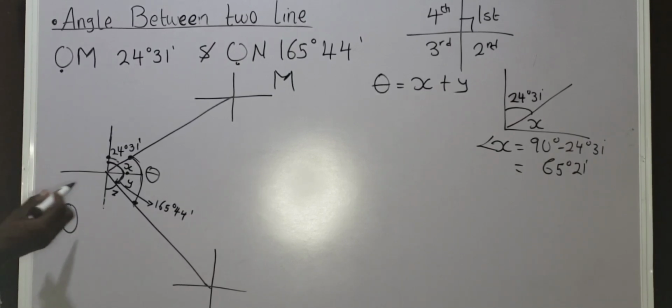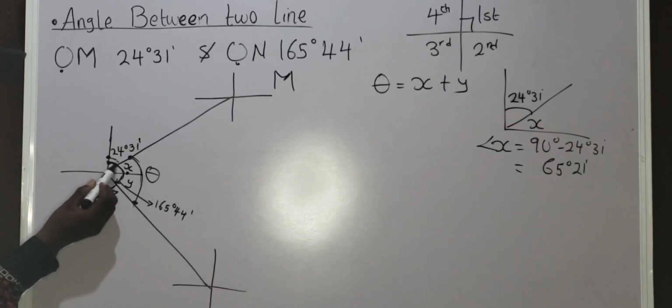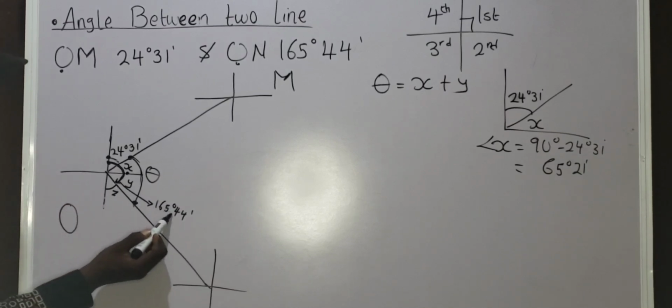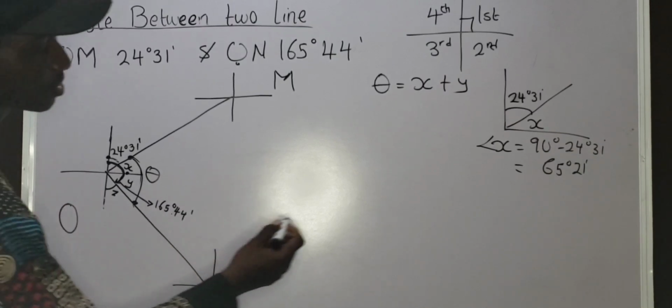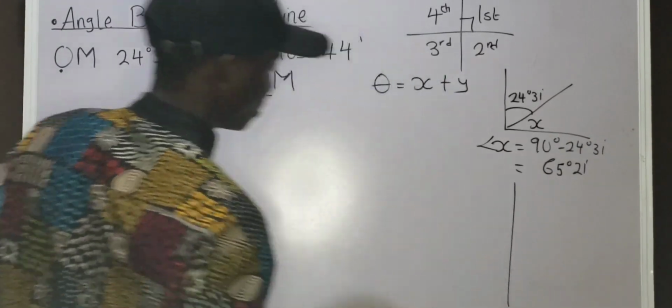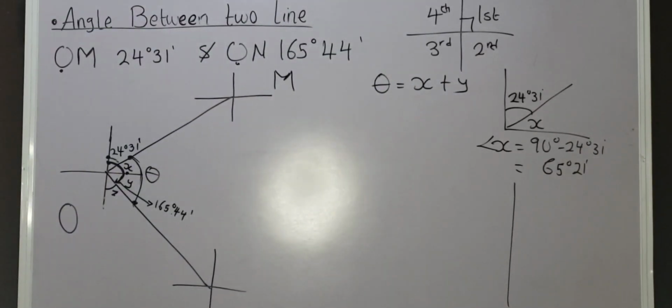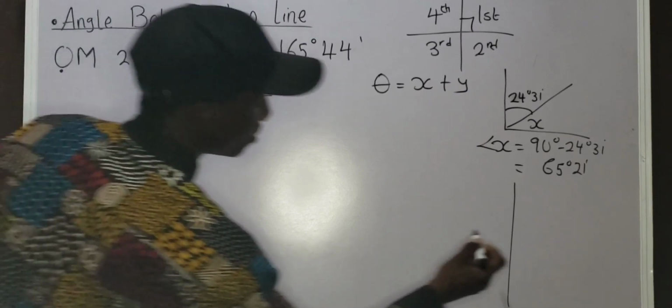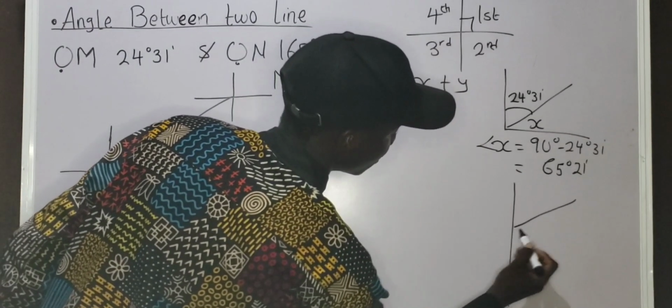But I know that the angle from this point to this point is 165 degree, 44 minutes. Let me just draw the diagram out. Okay. Now, this is how the angle looks like, Abby.